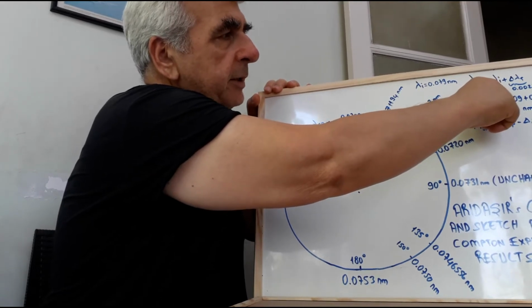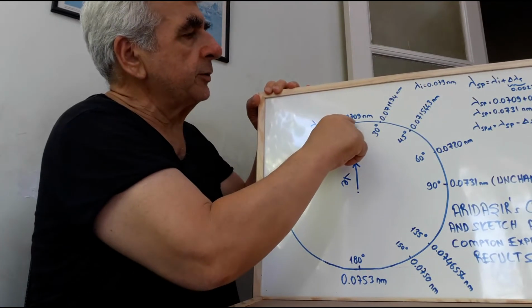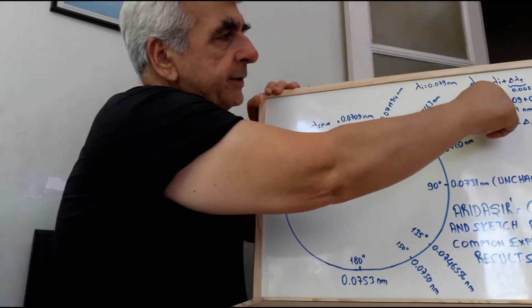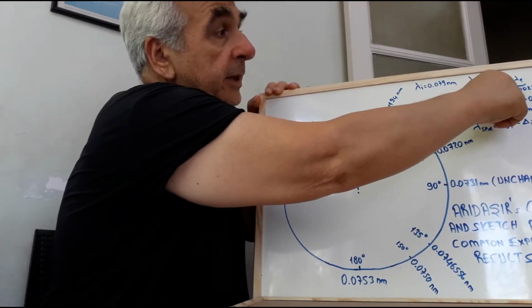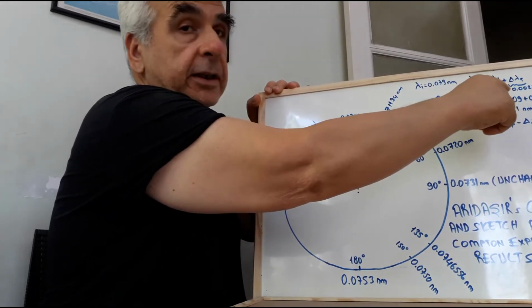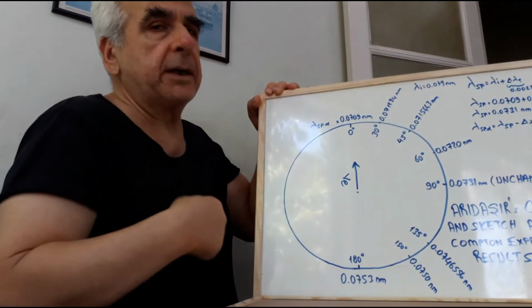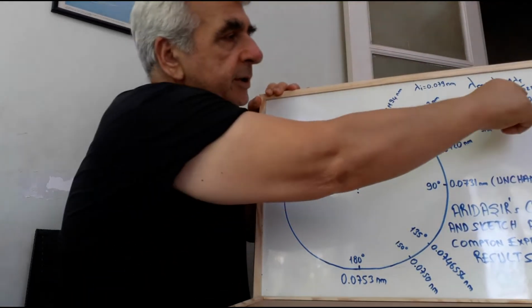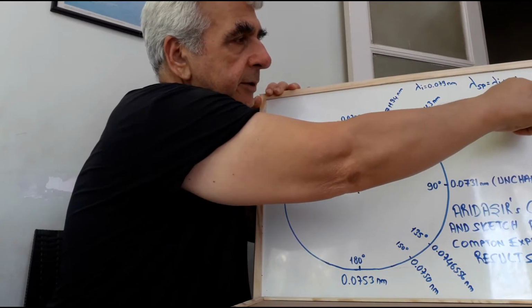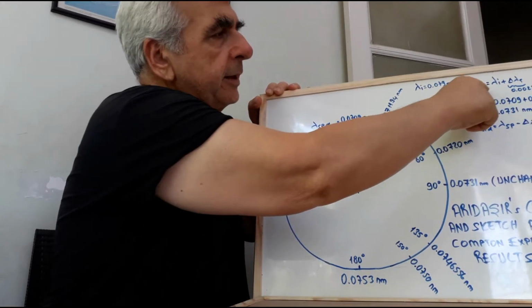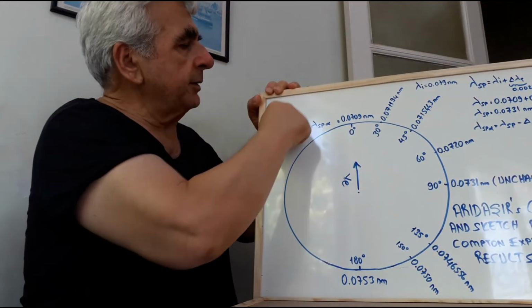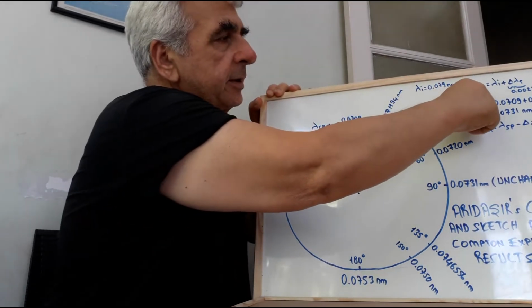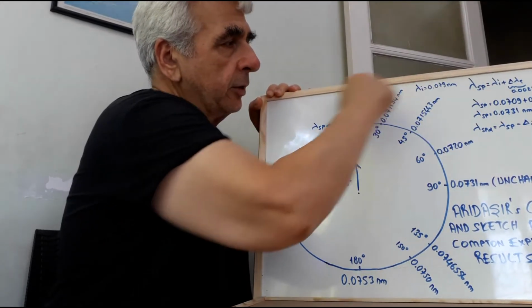equal to lambda initial 0.0709 plus delta lambda chi, a kind of constant, remember my former videos, 0.0022 nanometer, okay, and the deviated second peak wavelength is normal.